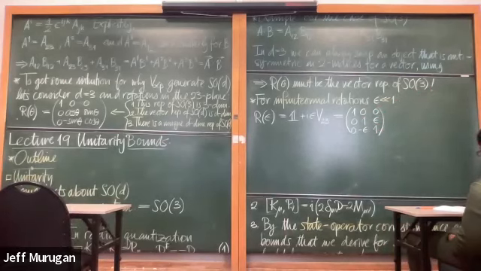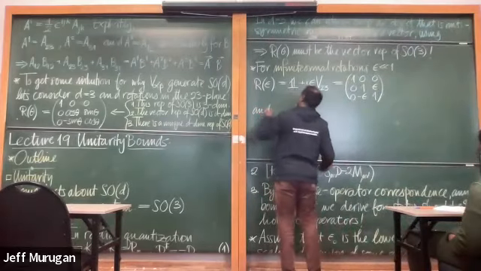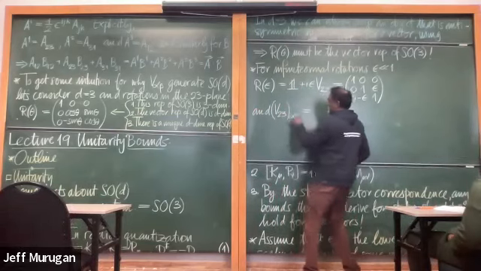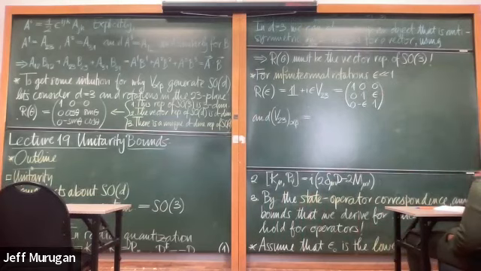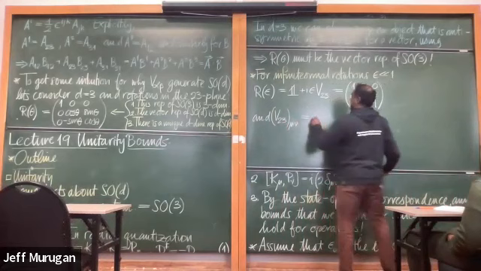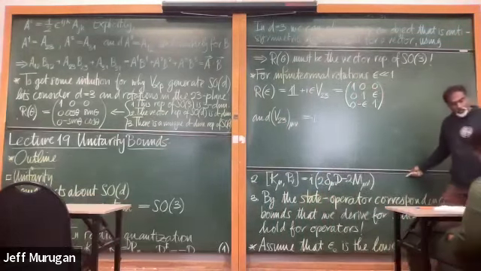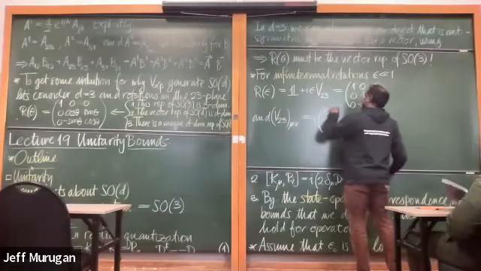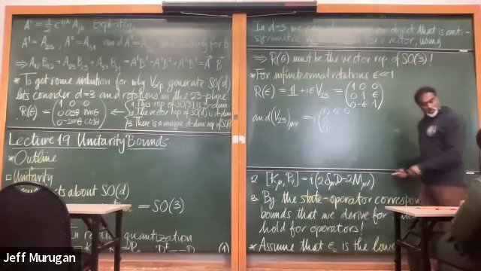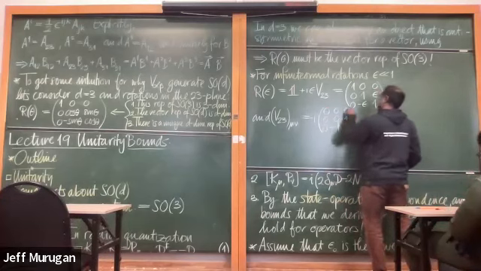Right? So this matrix V23 here has components, minus i times 0, 0, 0, 0, 0, 0, 1, minus 1, 0.